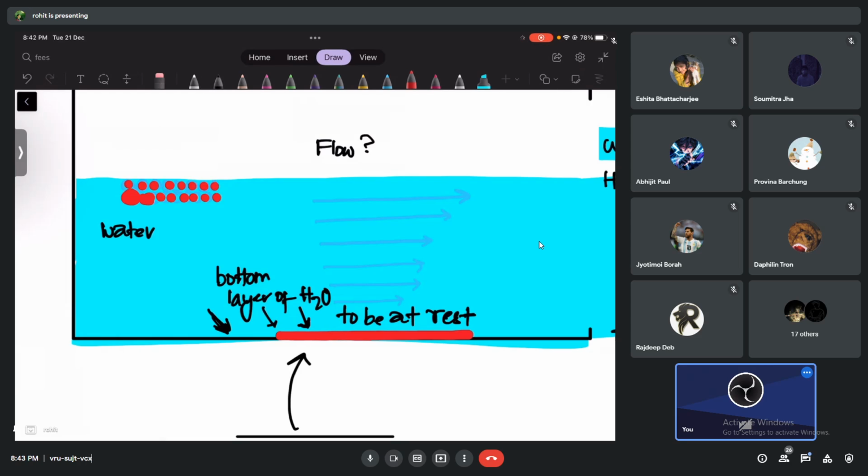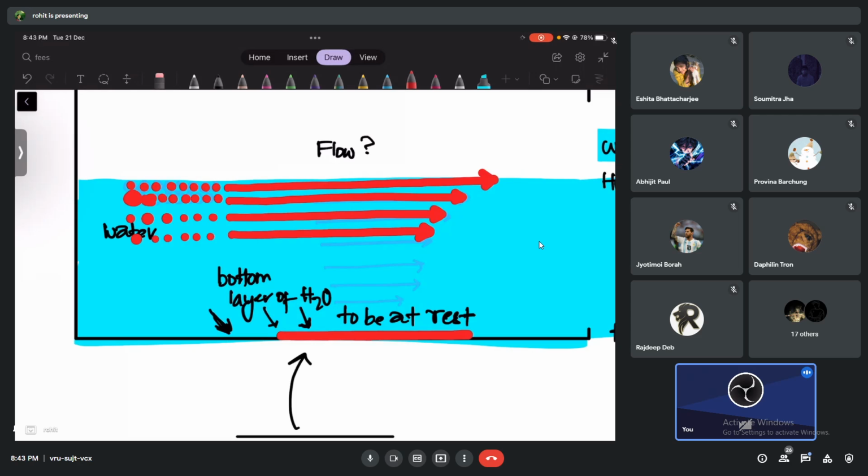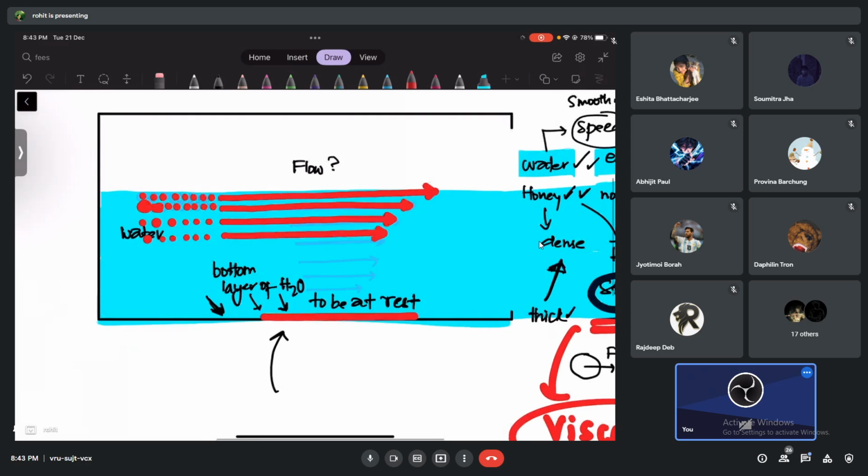They form the topmost layer there, and just below it we have another layer which is also going to move forward, and a layer below it. We can imagine it like that: one liquid layer moving on top of another liquid layer. Do you understand what I'm trying to say here? This is what we call a flow. Is it okay? Did you understand this?